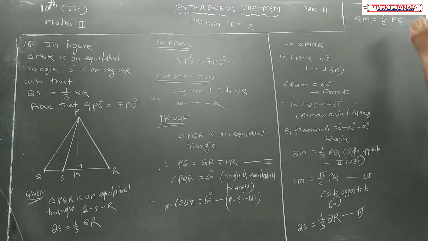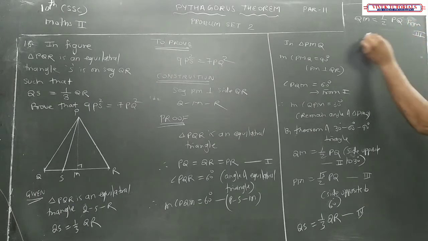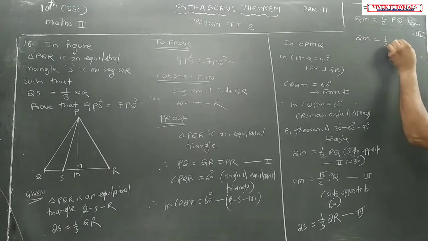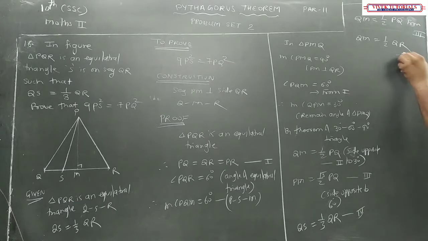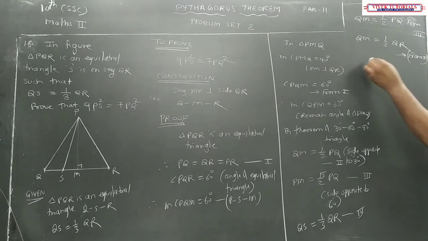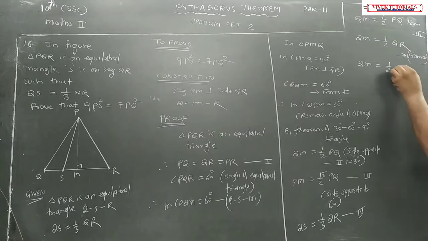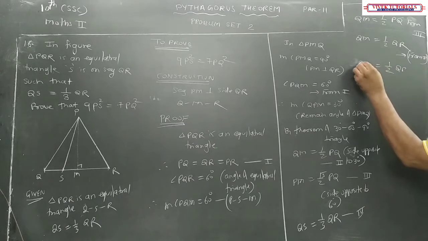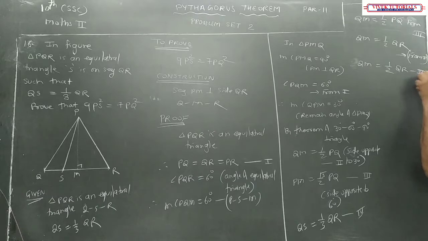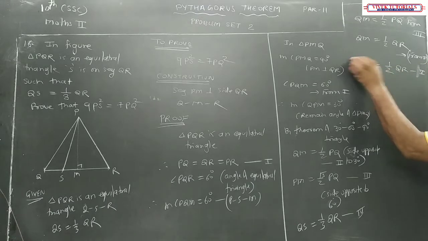Correct? So from 2, QM is equal to half of QR from 1. Is it right? Now instead of PQ, QM is equal to half of QR, take it as equation 5.